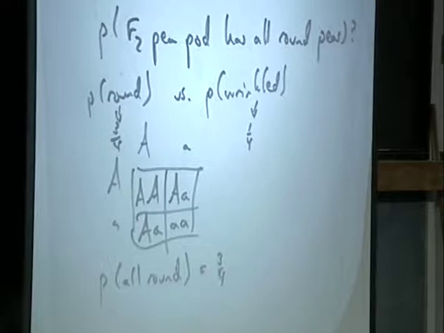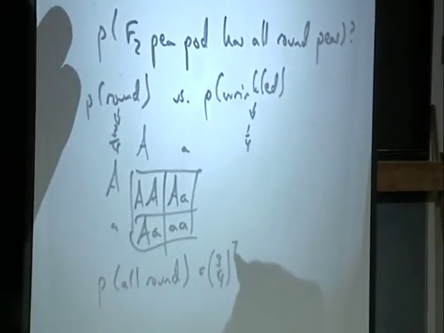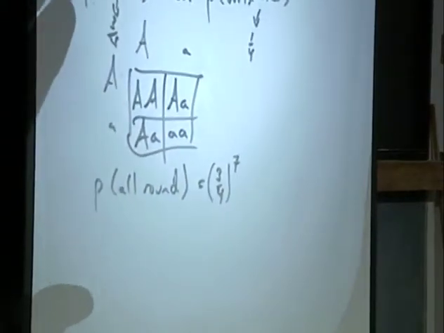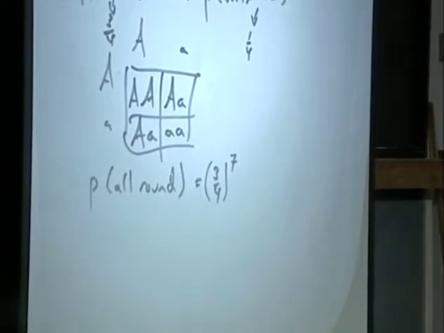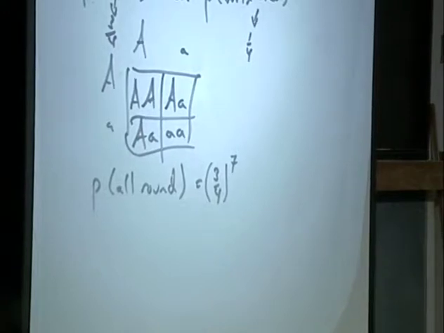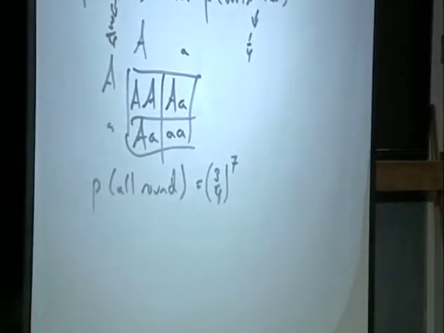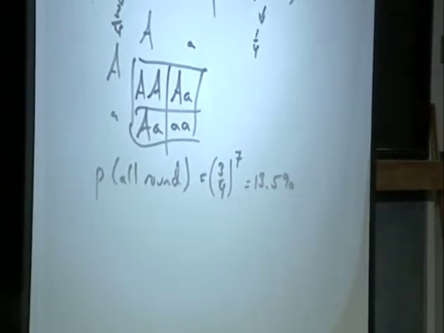And since they're all independent events, you just multiply all those probabilities. So it's just 3/4 to the 7th power. 3/4 times itself 7 times, for each of those peas. What does that come out to? Well, let me look. It comes out to about 13.5%, if you actually multiply it through.